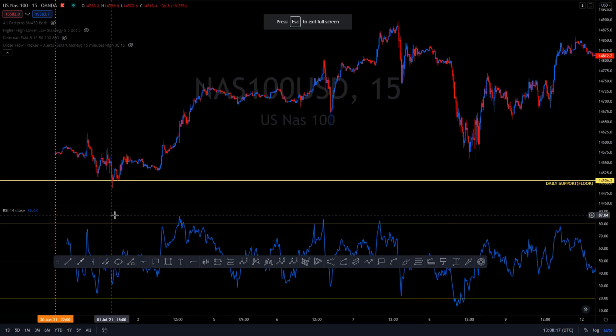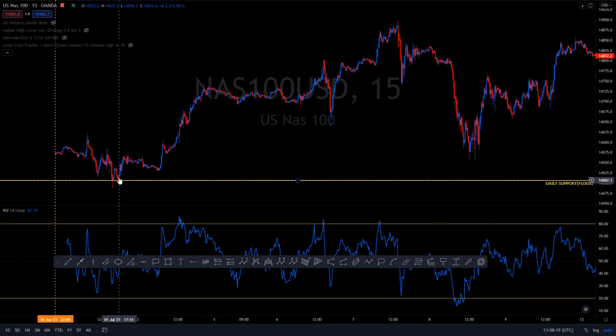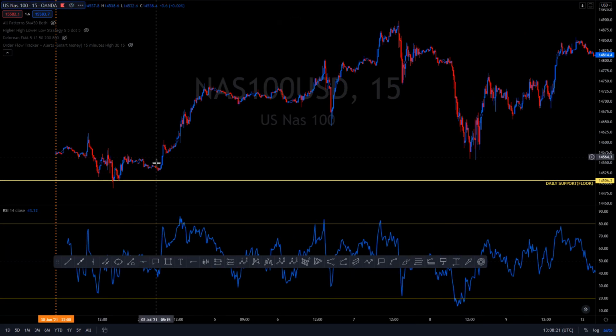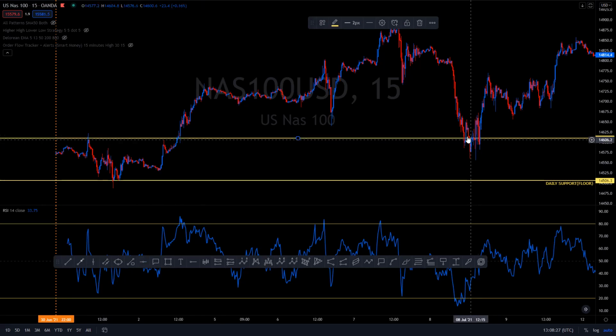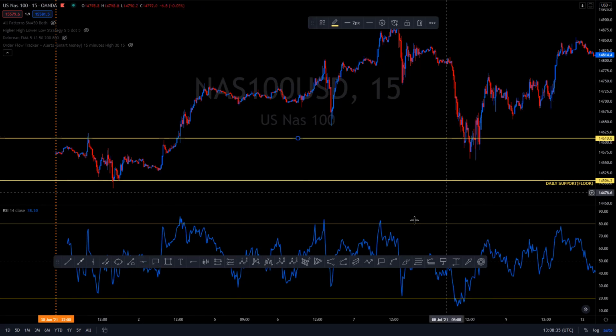All right. So I can see there was a huge imbalance, impulsive move here, a lot of liquidity here. I can see it here as well, a lot of liquidity here that caused price to go up for an impulsive move here, and a lot of imbalance here.